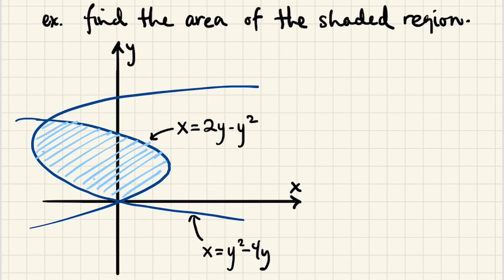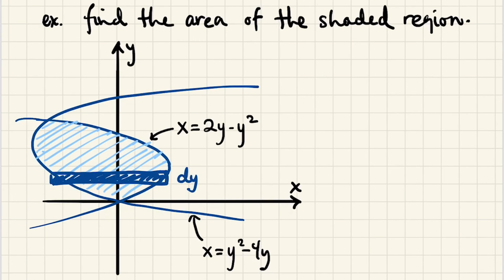All right. I hope you can take a look at this particular region and very clearly see that integrating with respect to y is vastly superior to integrating with respect to x, which means that a sample rectangle will look like this. It will have width dy, and its length will simply be right curve minus left curve.